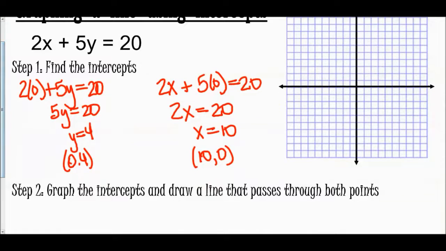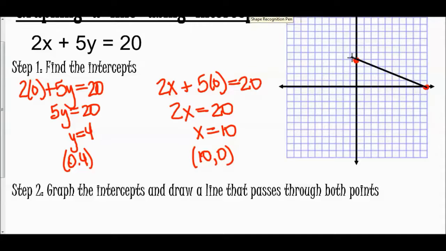Then step 2, graph those intercepts. So first 0, 4: 1, 2, 3, 4. And then 10, 0: 1, 2, 3, 4, 5, 6, 7, 8, 9, 10. So I've graphed those two intercepts, and I really only need 2 points at a bare minimum to graph a line.